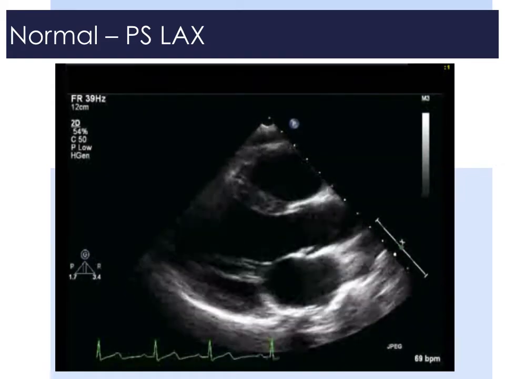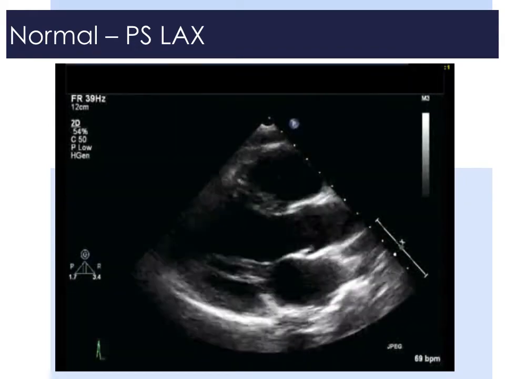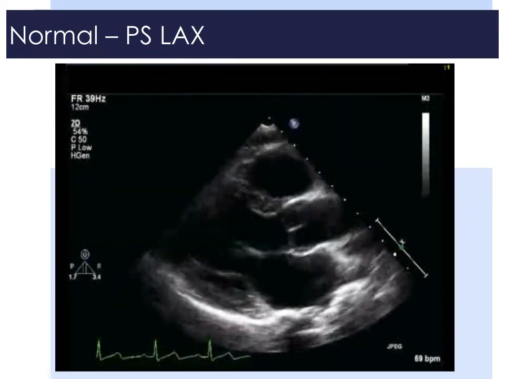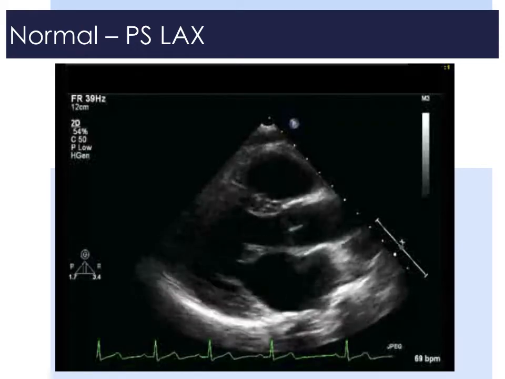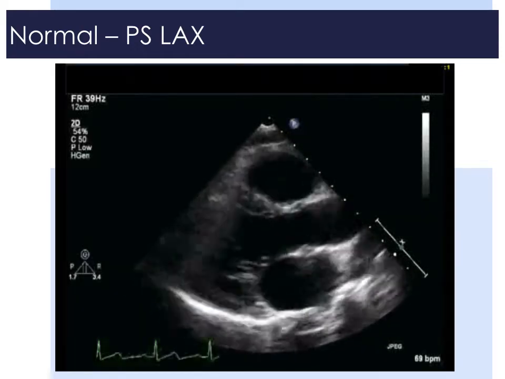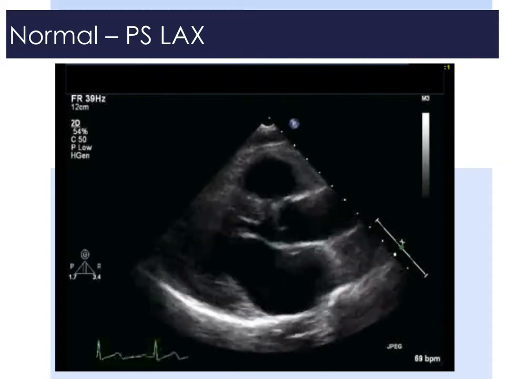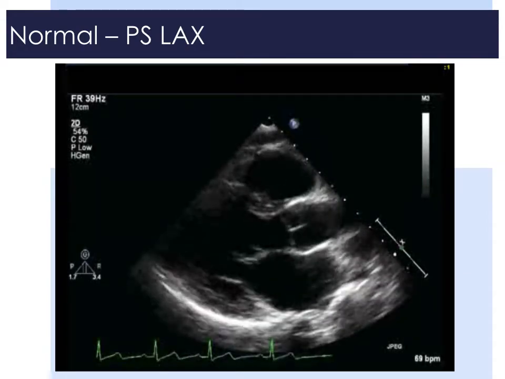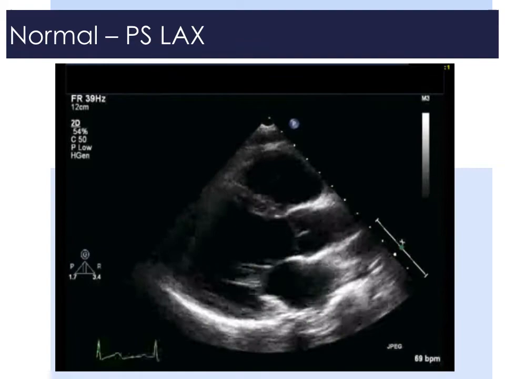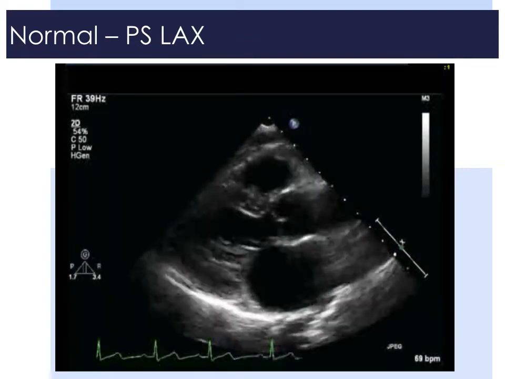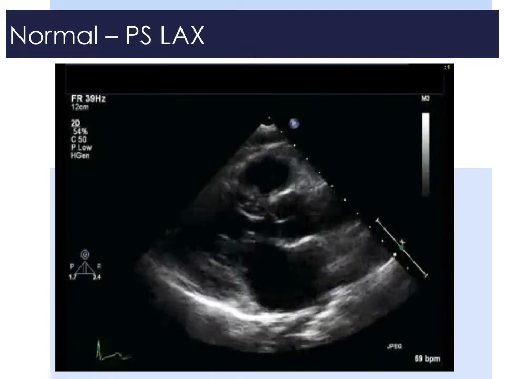We can also see the difference in the internal dimension of the left ventricle between systole and diastole. The overall judgment is of a left ventricle which is moving vigorously and synchronously towards the center of the cavity.